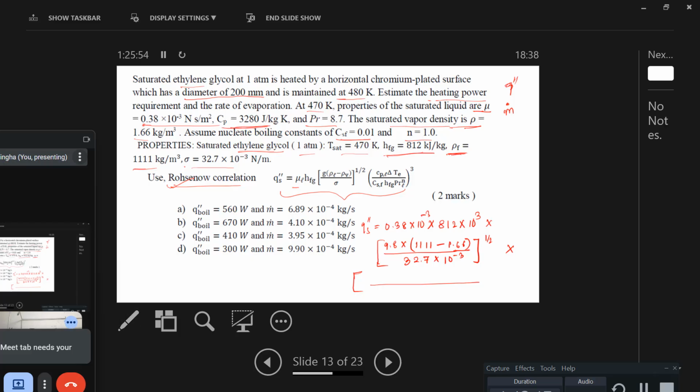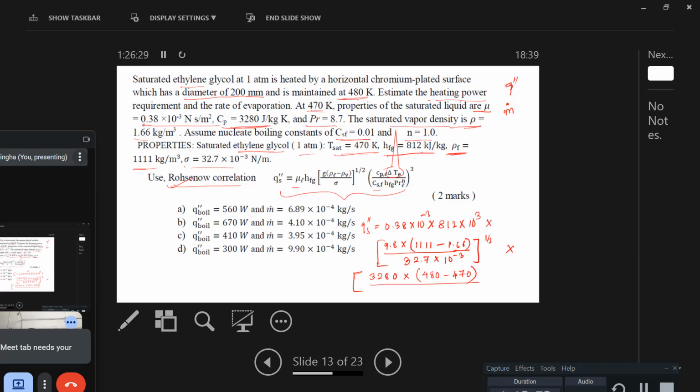That means this 3280 into delta T. Delta T is the temperature difference. So the surface temperature is 480 and 470 is the saturation temperature. It's given here. So 480 minus 470 is the delta T.